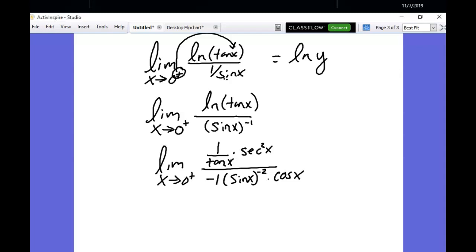So I'm going to start cleaning it up and using some trig identities to simplify it. And once it's all simplified, we'll try direct substitution again and see if either A, we have to do L'Hopital again, or B, maybe we'll finally get an answer. So the first thing I'm going to do is rewrite this as 1 over, I'm going to change the tangent to be sine x over cosine x.